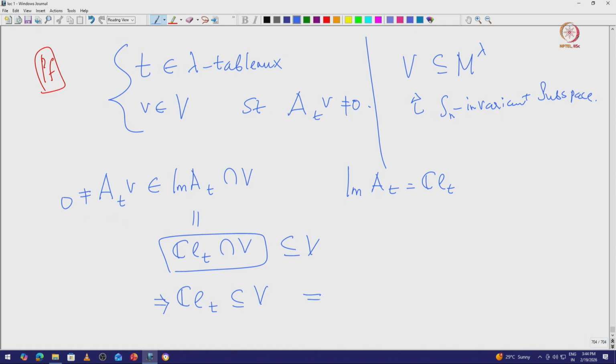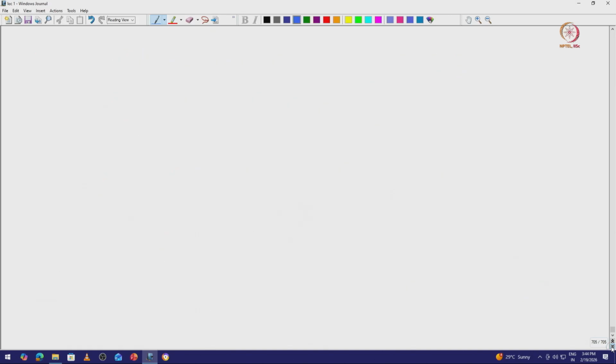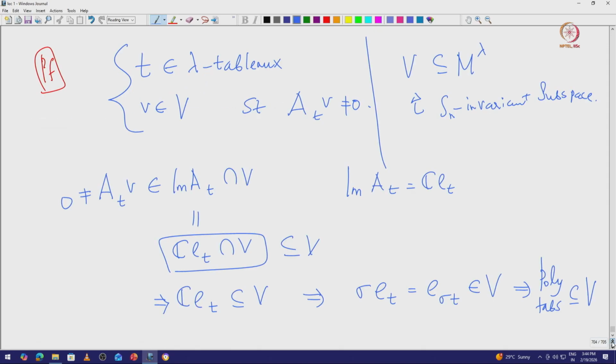Now from this we can see that any sigma applied on e_T, which is e_(sigma T), should be inside V. That would imply that all polytabloids are elements of V. So, this entire S lambda should be contained in V. This proves case 1.